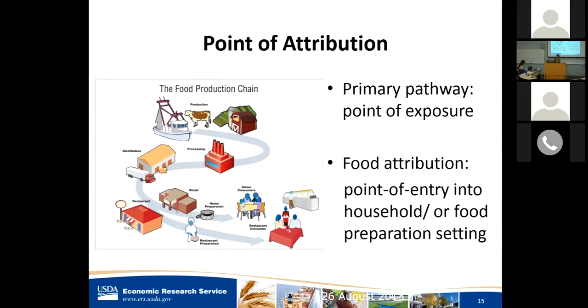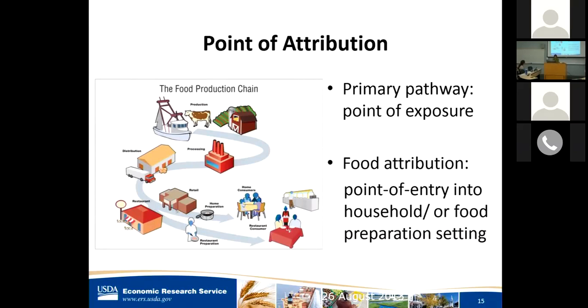And the types of policy that address issues that can occur during food preparation, so cross-contamination, human contamination of the food by people who are ill, are addressed by a different set of policies than the policies that are used to prevent contamination during food processing, food production.